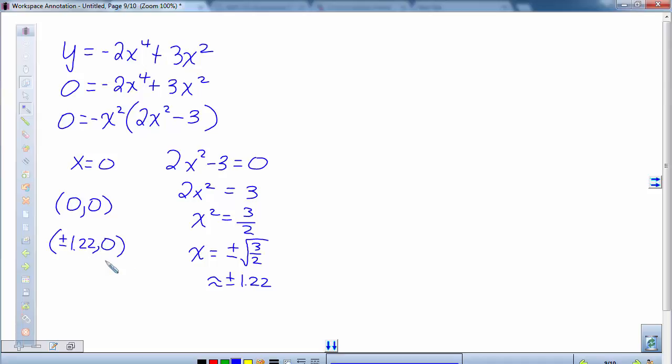Okay, and of course we can find the y-intercept by letting x equal 0. And if we do that, I think you can see that y comes out to 0, so we already have that point. Okay, so these are 2 points, and I'll start over here. We're going to need a lot of paper.